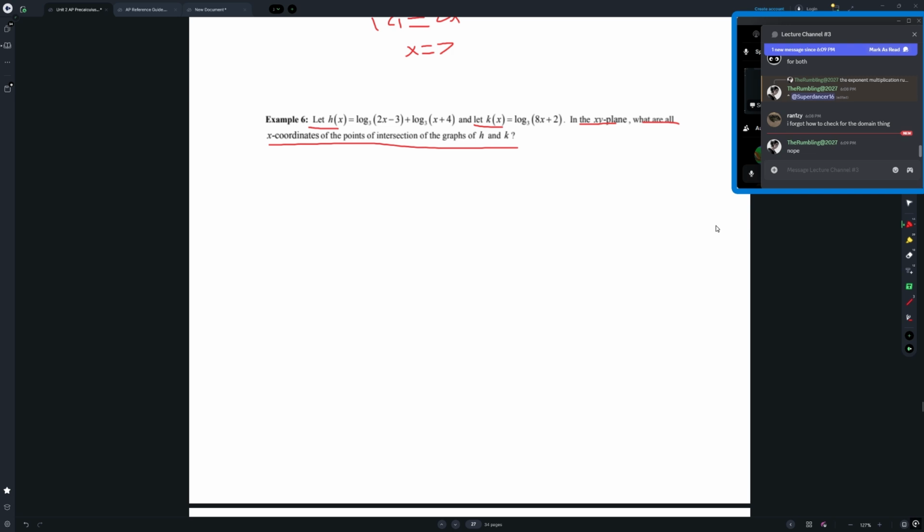I'll give another minute and a half for this question. The answer for this one is x is equal to 3.5.